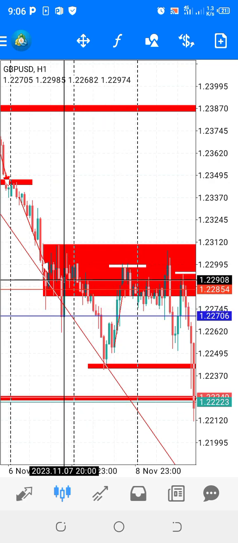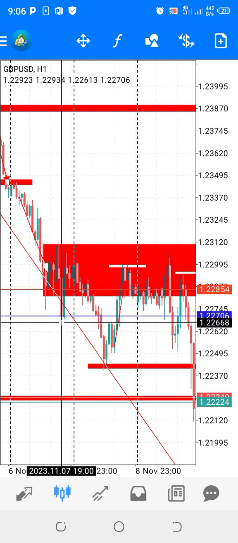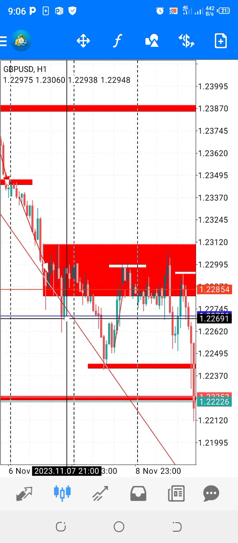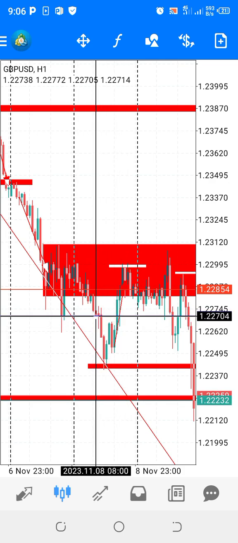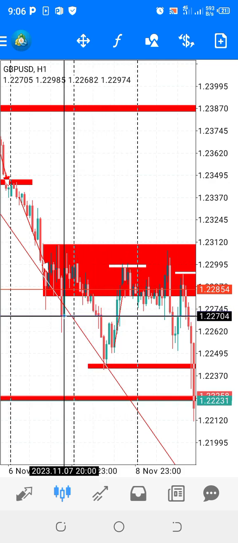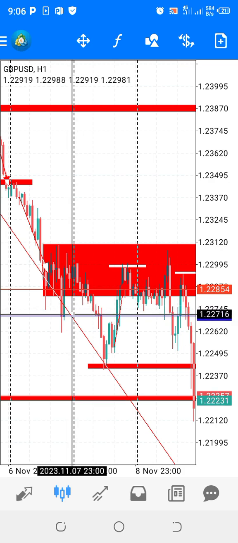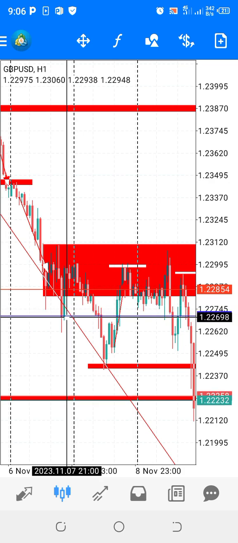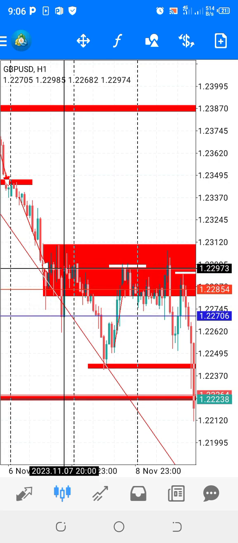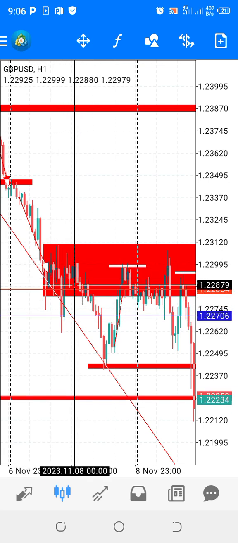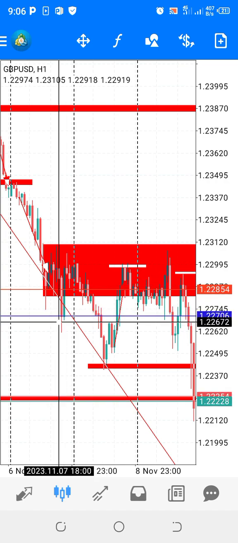Once we see two string form, we expect the third candle, if it is favoring our directional bias, we expect the next candle to continue in that bias. That is our basic rule. So once we see two candles of the same color, we expect the third candle to take in that pattern.